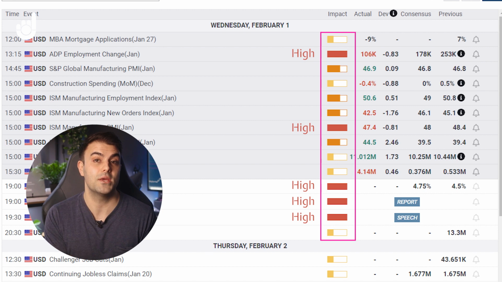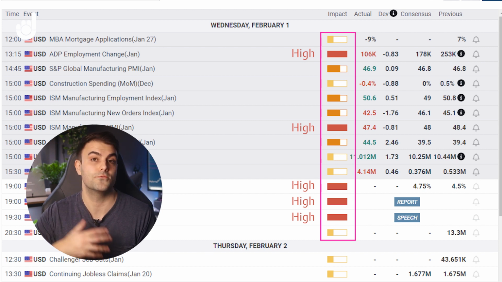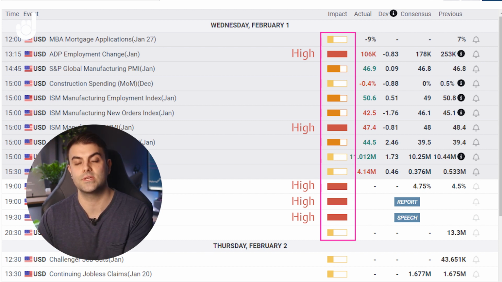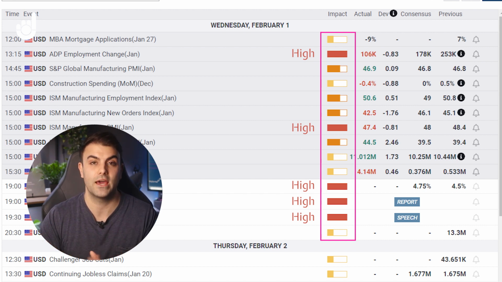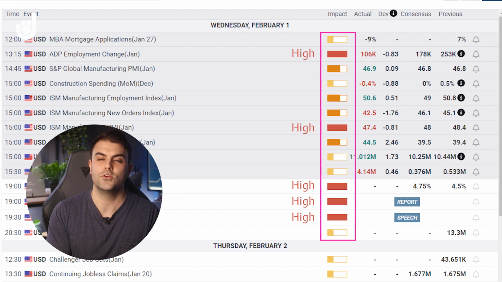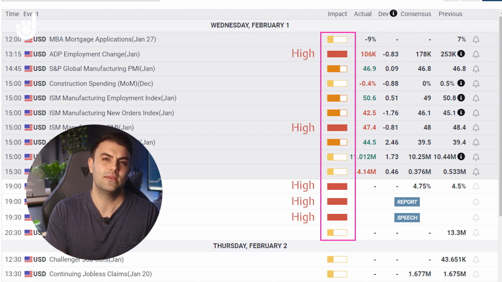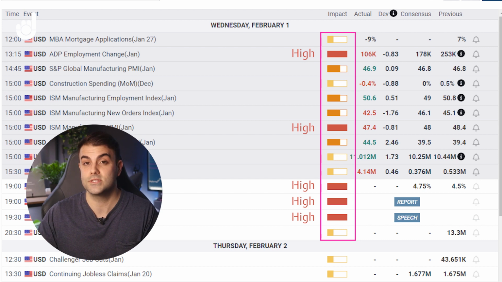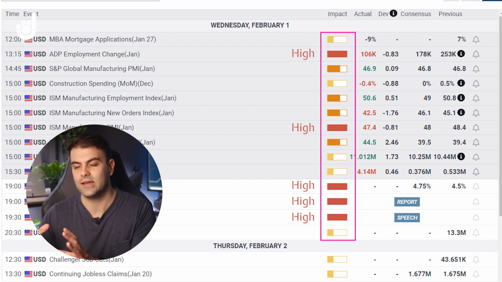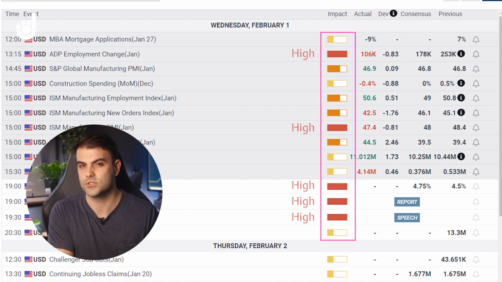These can have a major impact on the markets and they can cause a lot of volatility. So if we're trading during these times, or we have a trade open when these releases are coming out, we need to be careful. And these sorts of releases are usually things like unemployment data, GDP, central bank activity. You'll also sometimes see things like PMI, the Purchasing Managers Index, as being quite high volatility as well, but they're not actually as impactful as the ones I mentioned just a moment ago.